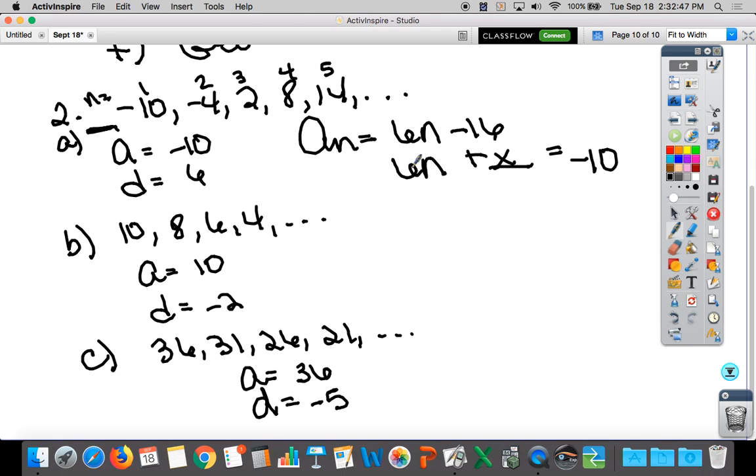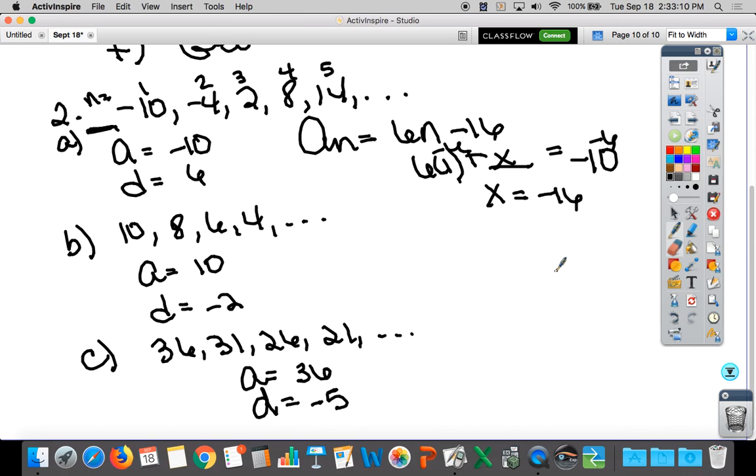So in place of n right here, if I'm going to use the first term, I can use any term I want to if it's linear. 6 times 1, what would that x have to be? Negative 16. Questions so far on either one of those?